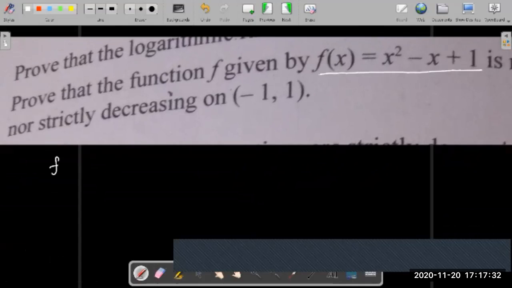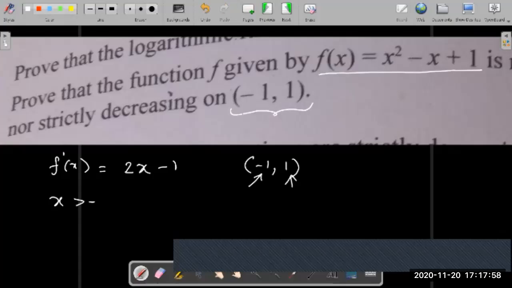So f dash x equal to 2x minus 1. Now he's asking for this interval. The interval we are looking at is minus 1 and 1, which means we should not include either end. So let x be greater than minus 1, say x is equal to minus half.